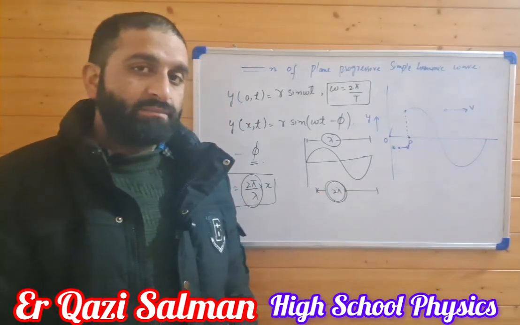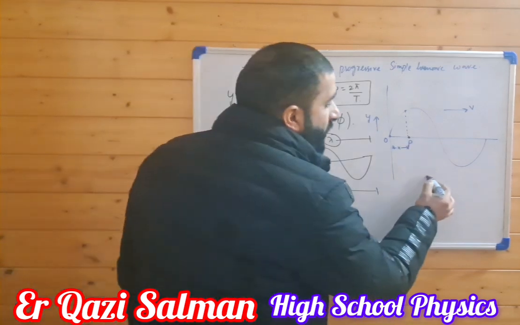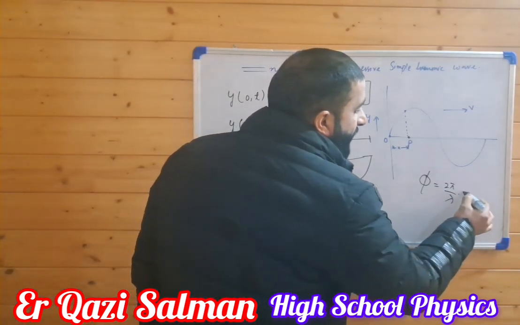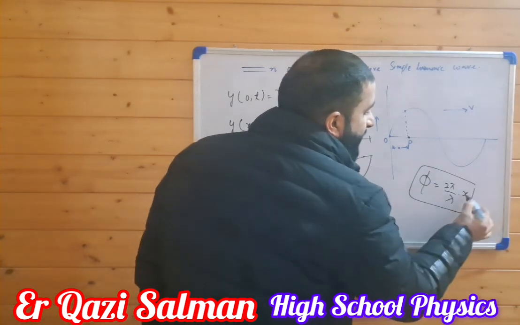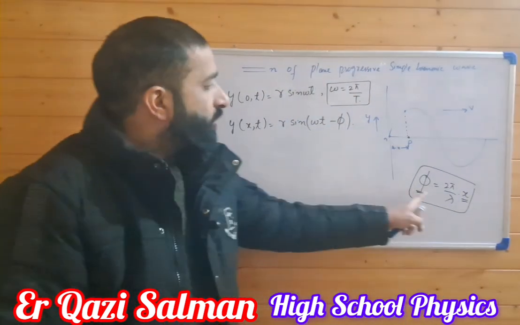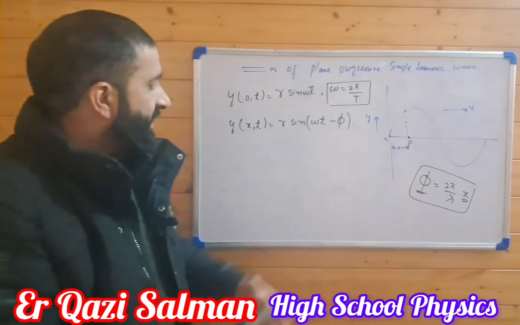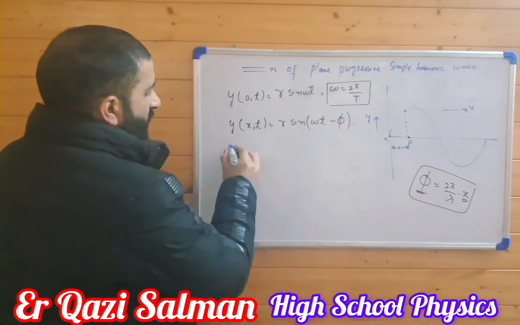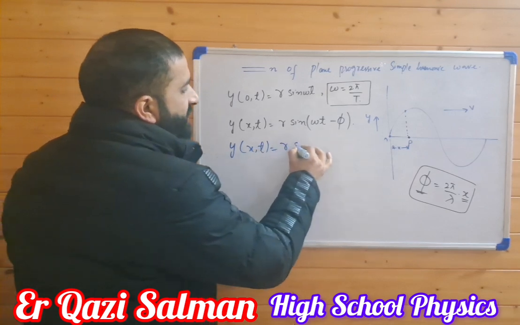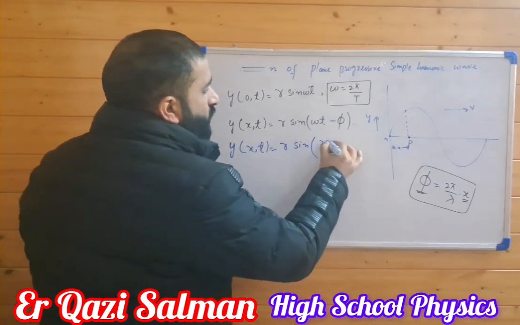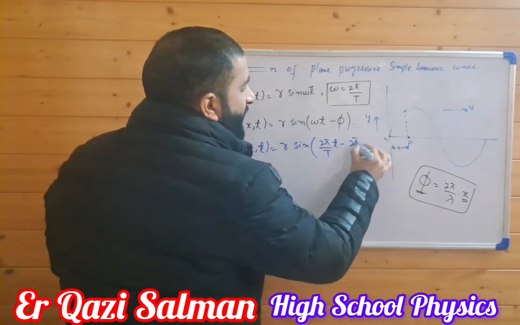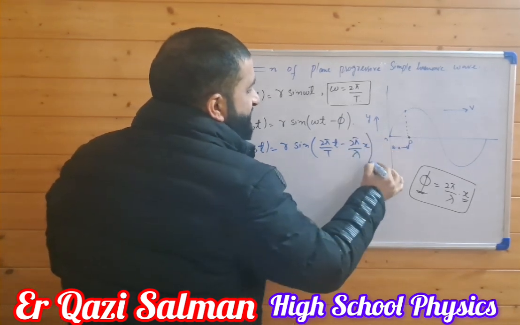So it should be borne in mind that the phase difference phi is equal to 2 pi by lambda into x, where x is the path difference and phi is the phase difference. Putting the value of phi in here, we get y at x comma t is equal to r sine of 2 pi by T into t minus 2 pi by lambda into x.